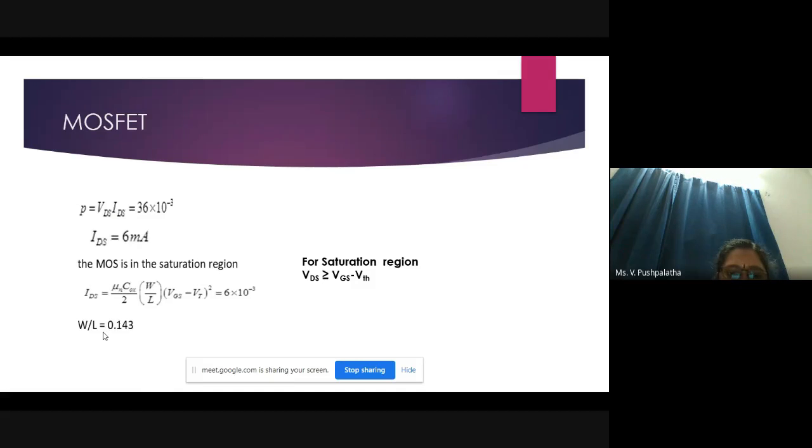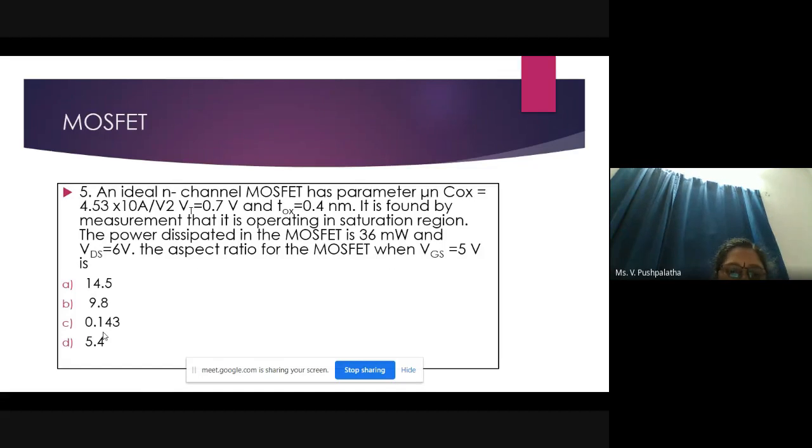Okay, so they had given options as 14.5, 9.8, 0.143, and 5.4. So the option is 0.143. Clear? Right. I hope you can understand. They had given the mu n Cox value, the power value, and VDS value.